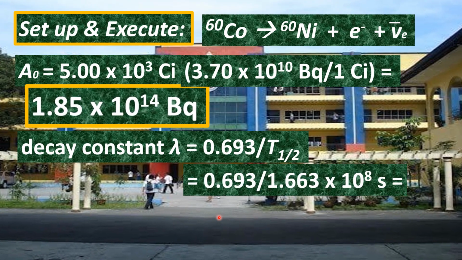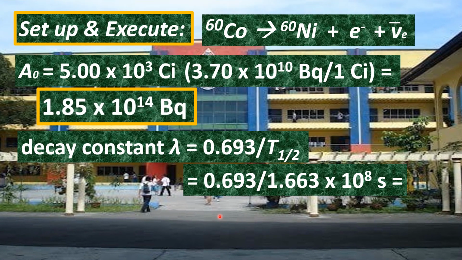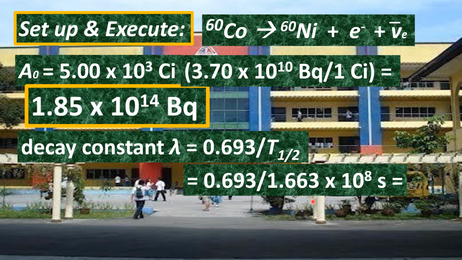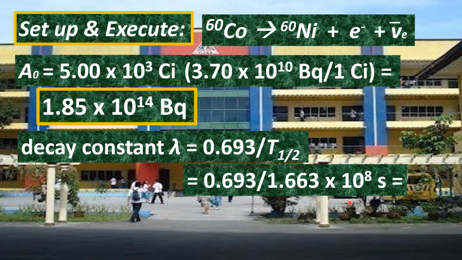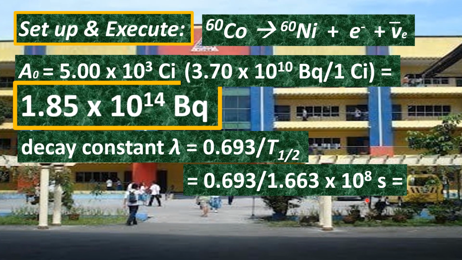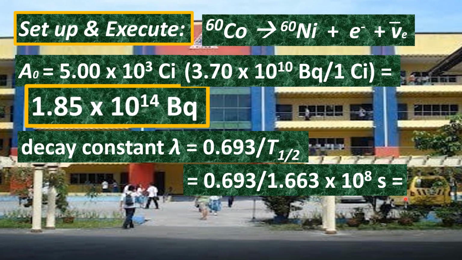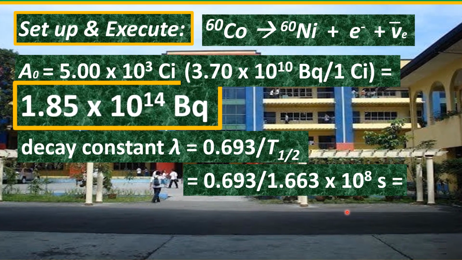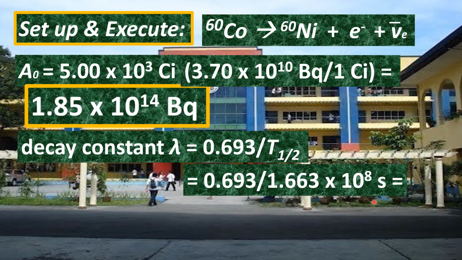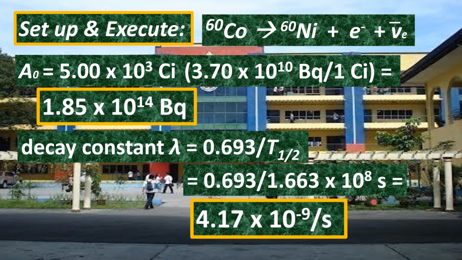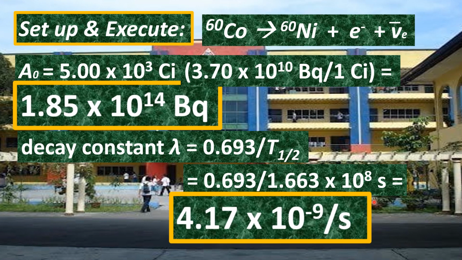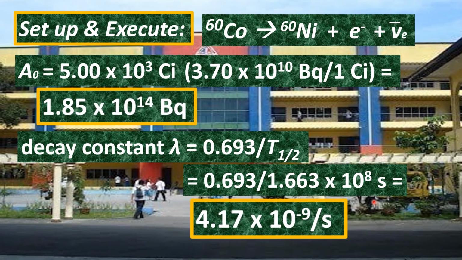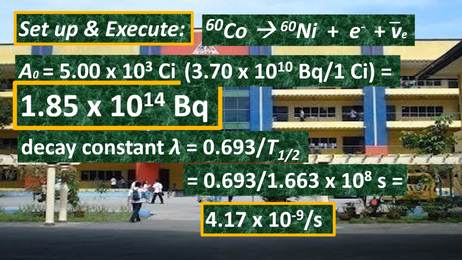We have here lambda equals 0.693 divided by 1.663 times 10 to the 8 seconds. And doing our math, we will get the value of the decay constant lambda equal to 4.17 times 10 to the negative 9 per second.